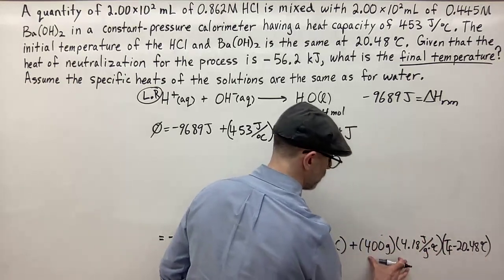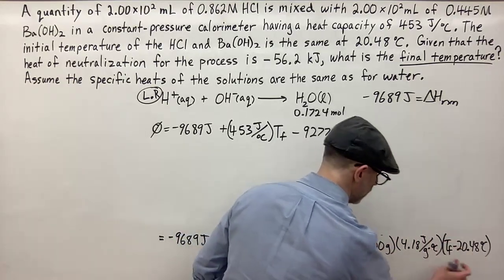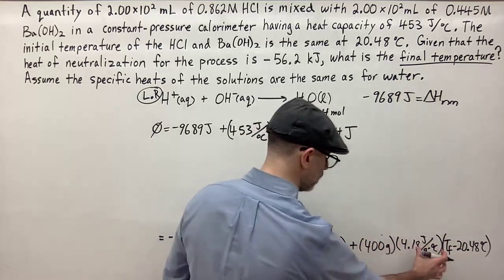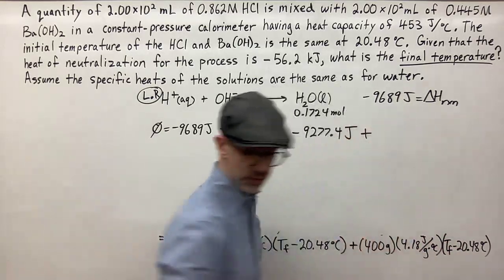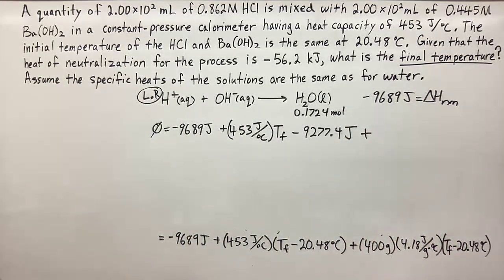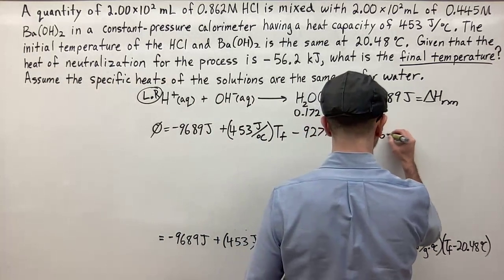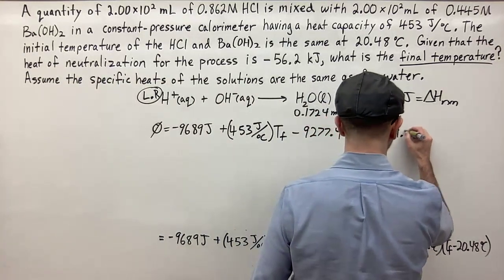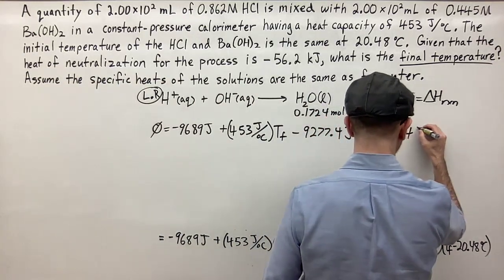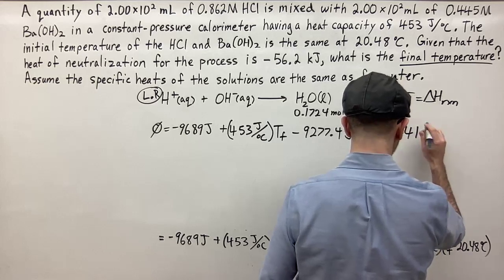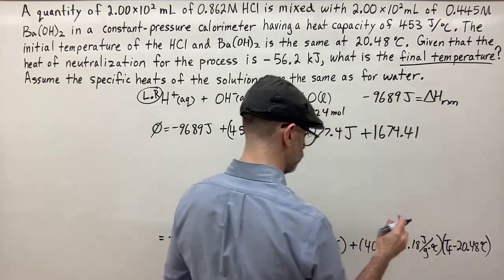These two multiplied together, multiplied by this, gives me a positive value, 1674.4, multiplied by joule.